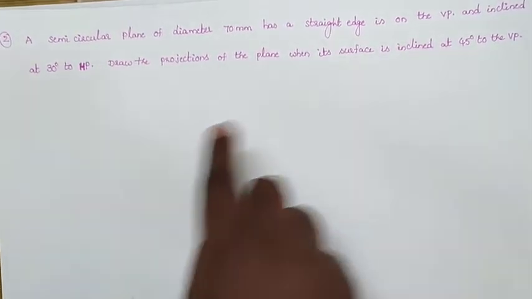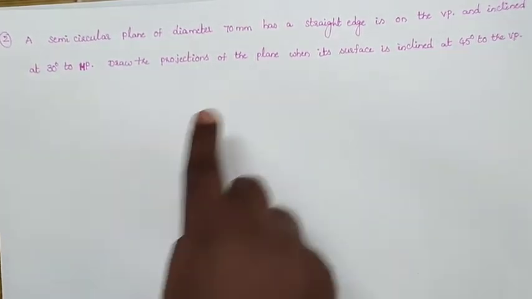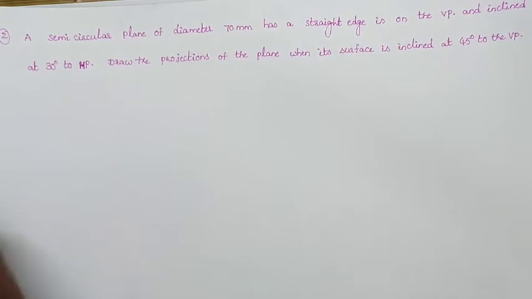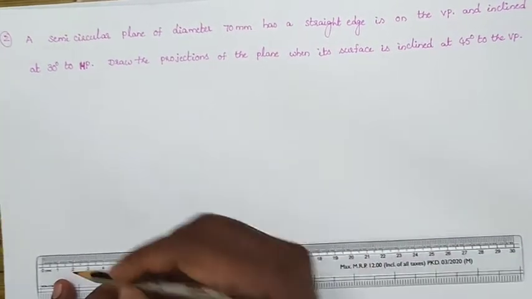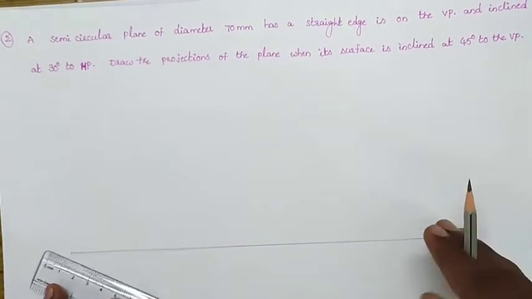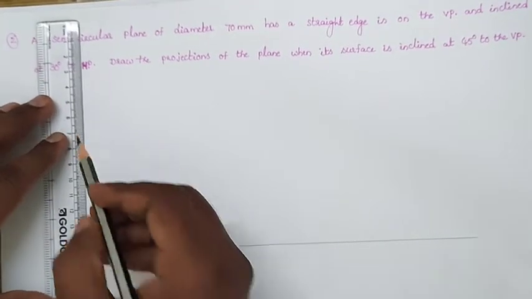In the simple stage, we assume the plane surface is parallel to the VP and draw the first front view and first top view of our diagram. So draw the reference line. Draw the first front view as a semicircle like that.